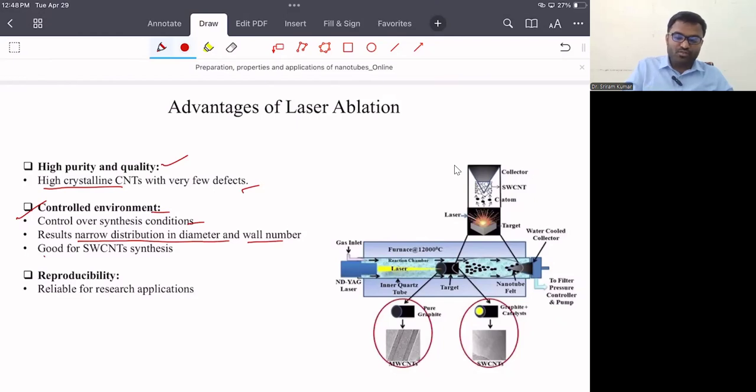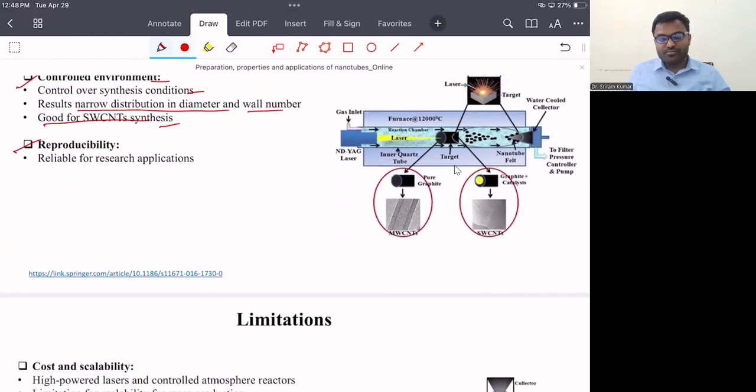This material is especially good for the single wall CNT synthesis. And the third advantage is the reproducibility. So this method is reproducible for the research application.